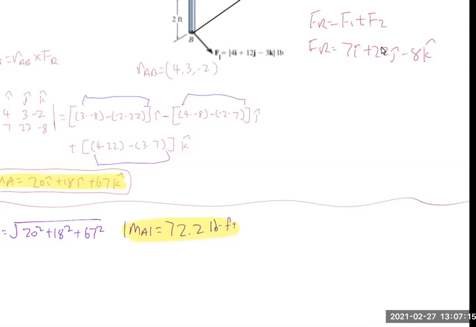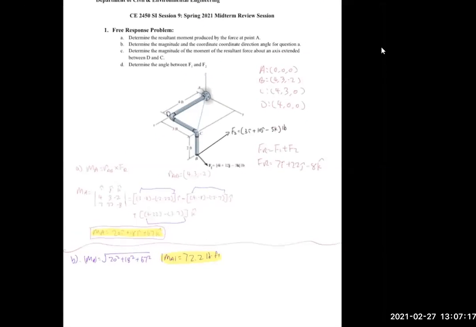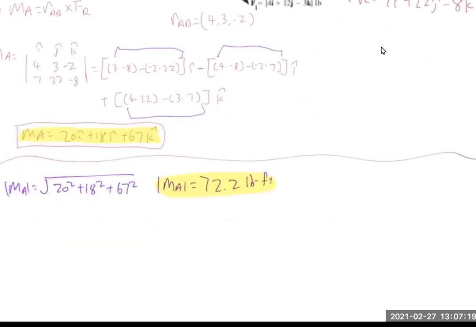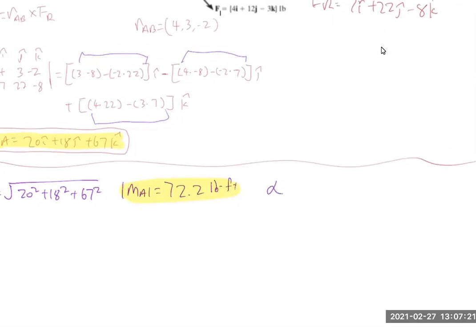And then for the coordinate direction angle, I know my coordinate direction angles are alpha, beta, gamma, cosine inverse of the components over the resultant. I know alpha corresponds to x, and x is right here.